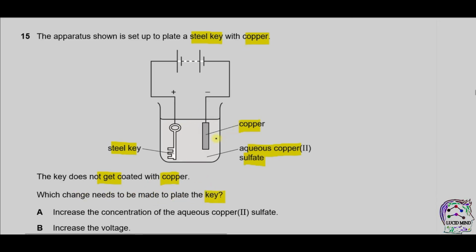In this experiment, we can see that the copper is electroplated on the key, so therefore copper must be attached to anode. And anode is positive electrode or positive terminal of battery. Because anode always dissolves in the solution and then it gets deposited on the cathode. So these should be reversed.